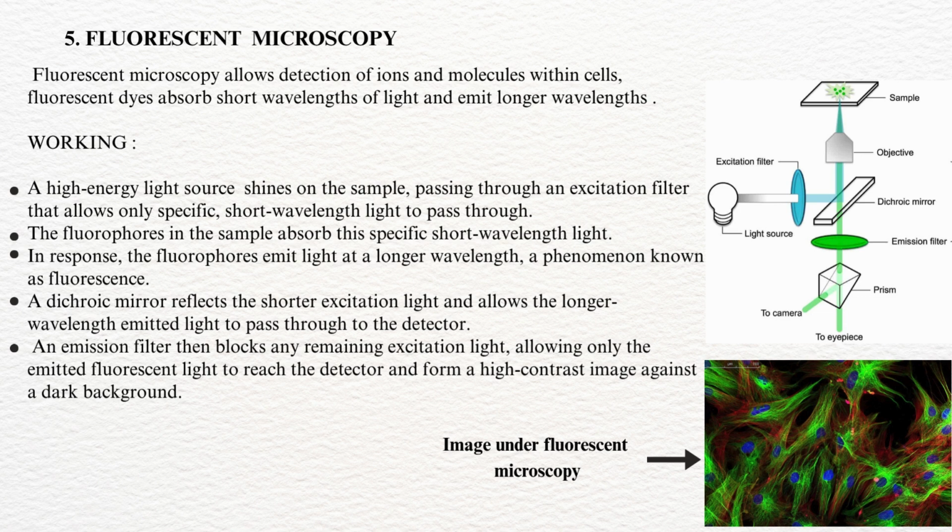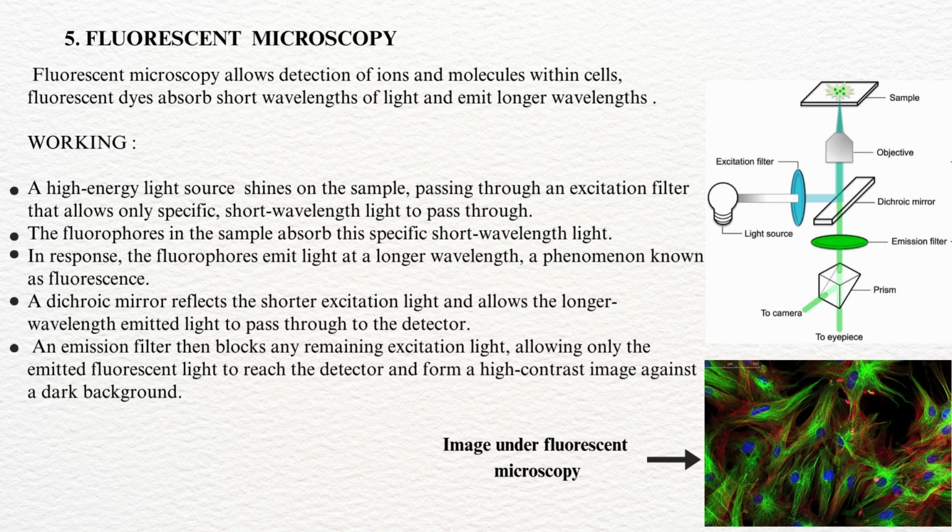The working principle of fluorescent microscopy is such that a high energy light source shines on the sample, passing through an excitation filter that allows only specific, short wavelength light to pass through. The fluorophores in the sample absorb this specific short wavelength light. In response, the fluorophores emit light at a longer wavelength, a phenomenon known as fluorescence.